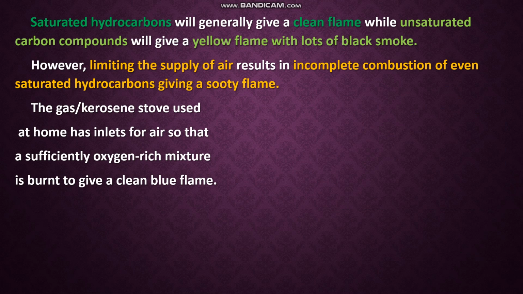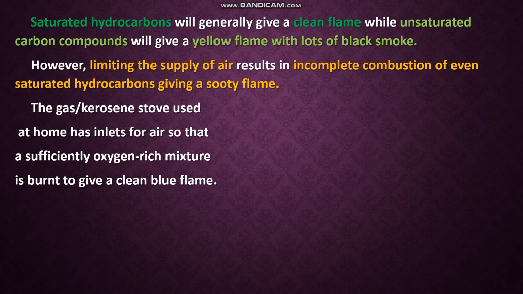Now let's take one more example. In everybody's house there is LPG gas and we use gas stoves. Gas or kerosene stoves have inlets for air so that a sufficiently oxygen-rich mixture is burned to give a clean blue flame.